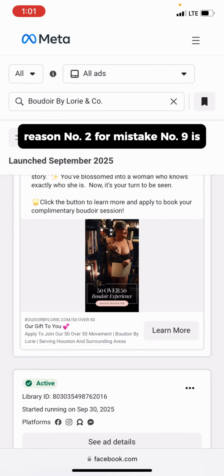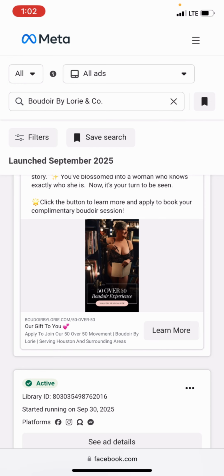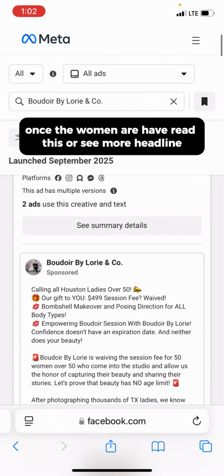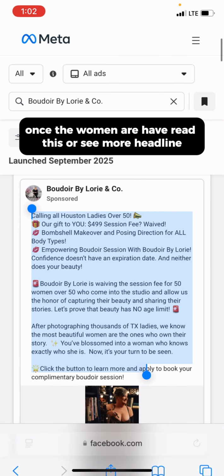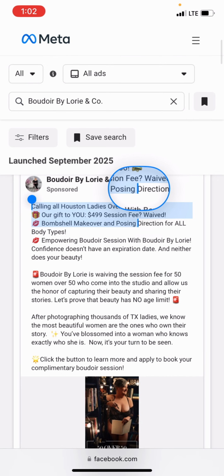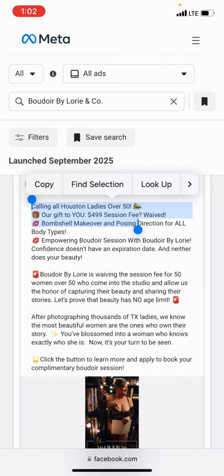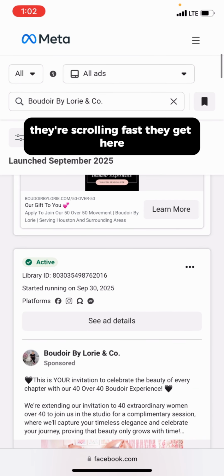Reason number 2 for mistake number 9 is this. Once the women have read the see more headline up there, they're scrolling fast, and they get here.